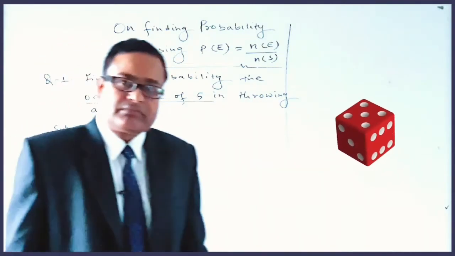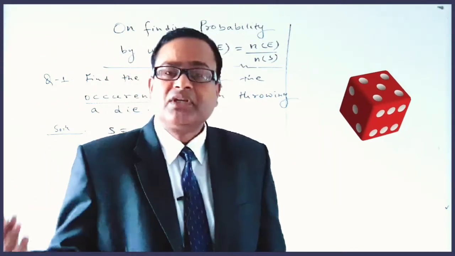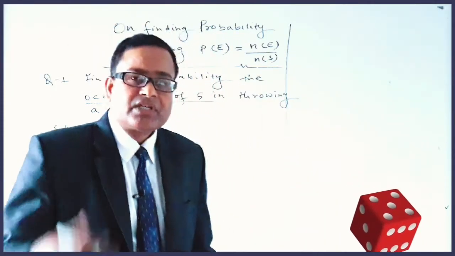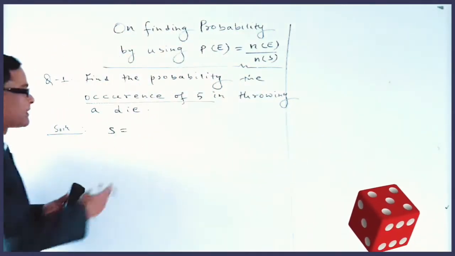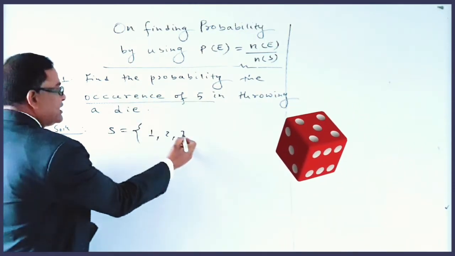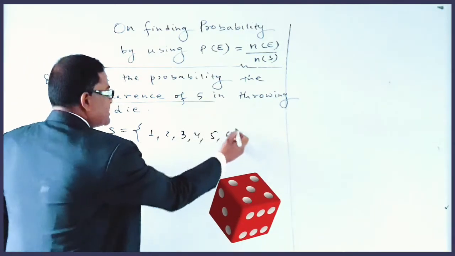When a die is thrown, we know that a die has 6 faces numbered 1, 2, 3, 4, 5, 6. So the sample space is equal to 1, 2, 3, 4, 5, 6.